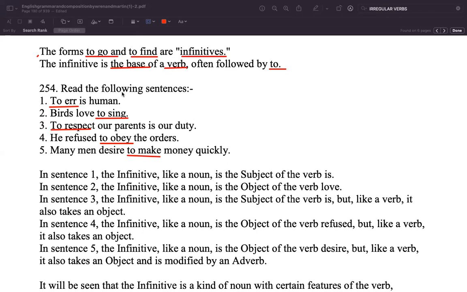Is it a subject or object of the sentence? It is a subject of the sentence. Then is it a noun or a verb? It is a verb, but it is used as the subject. Do you use a verb in the subjective case?